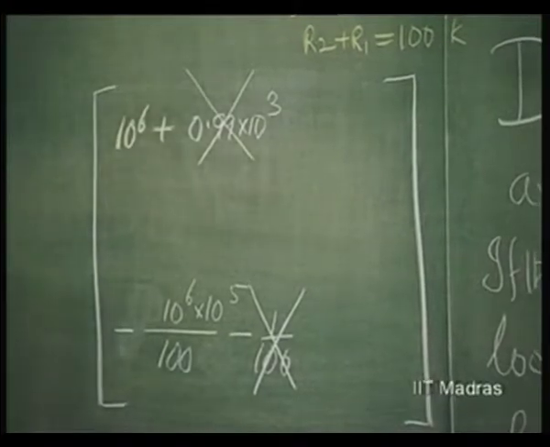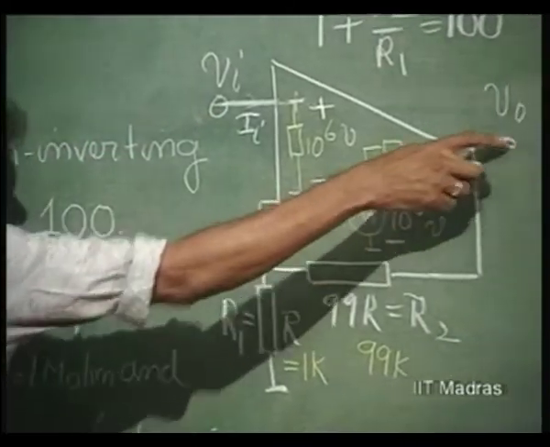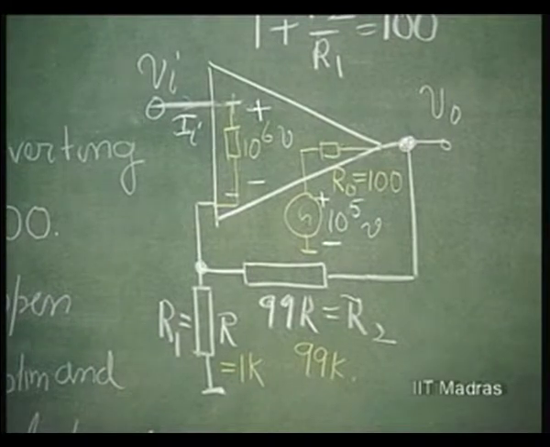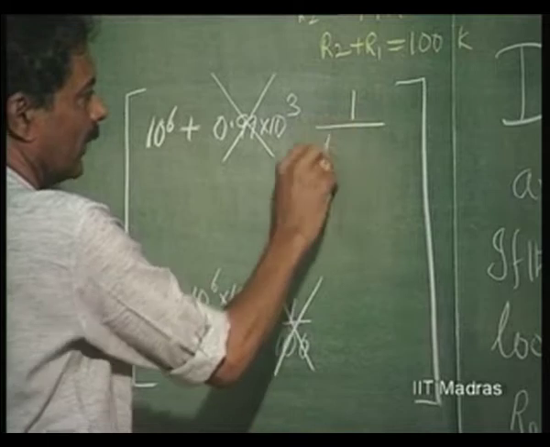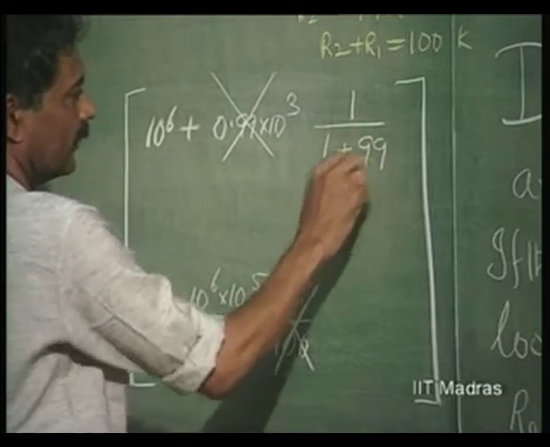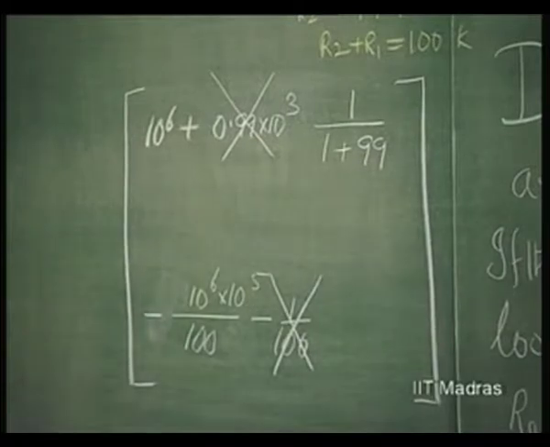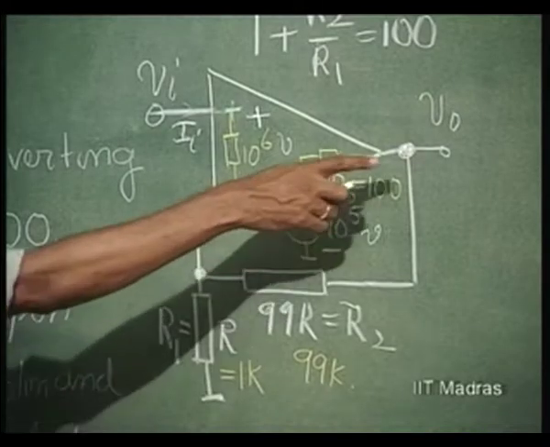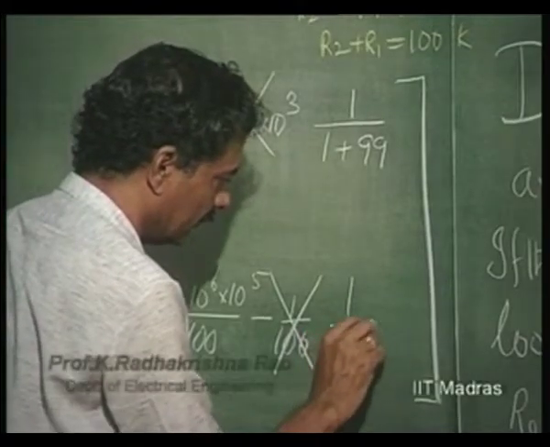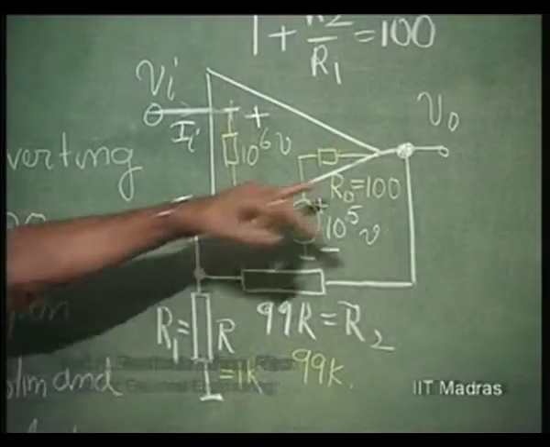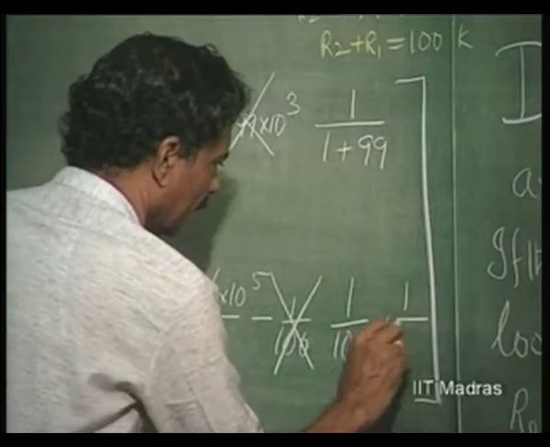Next, the output is open circuited and apply a voltage at this point. So feedback factor is 1 by 1 plus 99, that is 1 by 100. Then the output admittance is 1 by 100, output admittance of the amplifier, plus 1 by 100K.